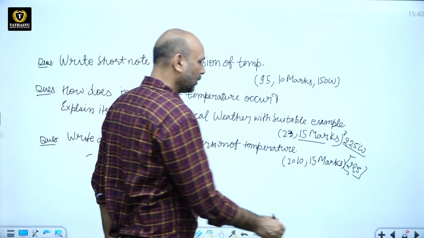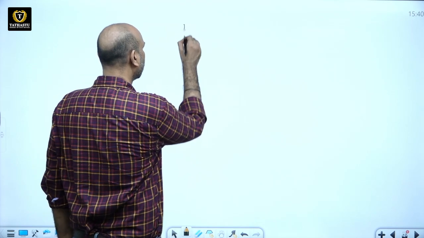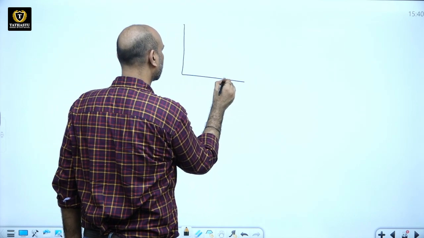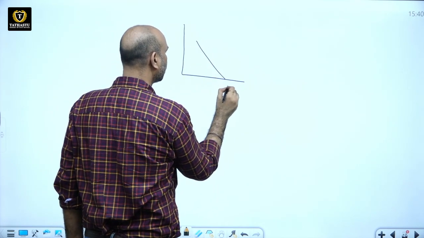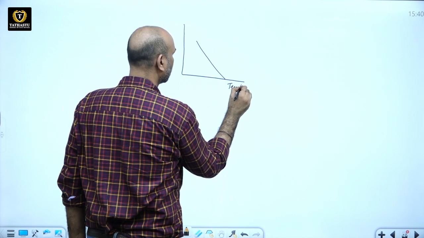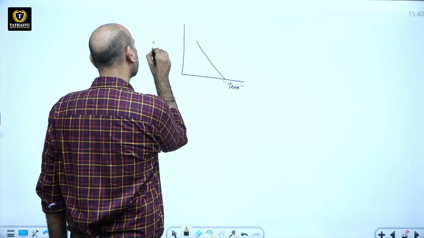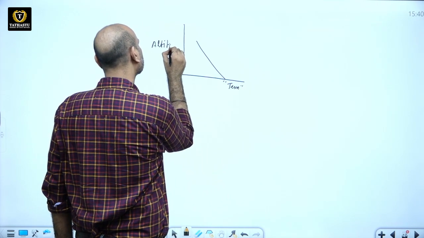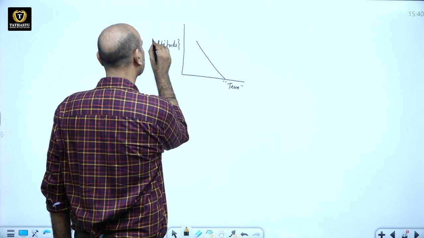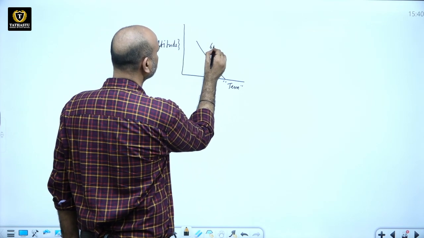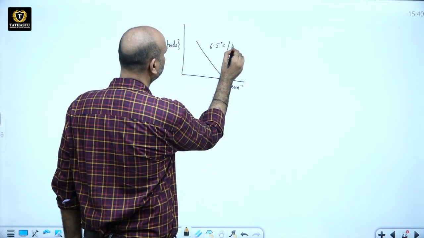Now, what we studied in the troposphere. In the troposphere, temperature declines with altitude, with a rate of decline of 6.5 degrees centigrade per kilometer.